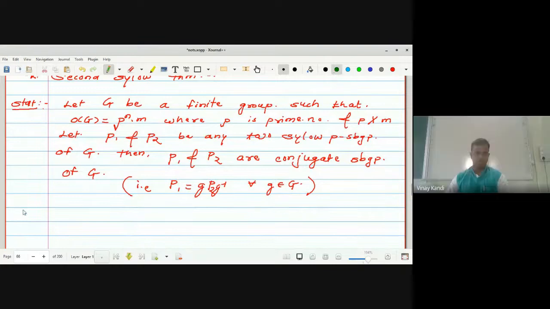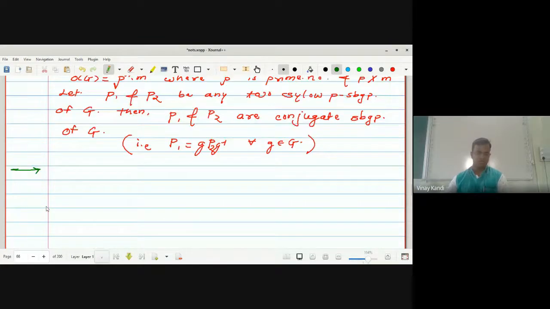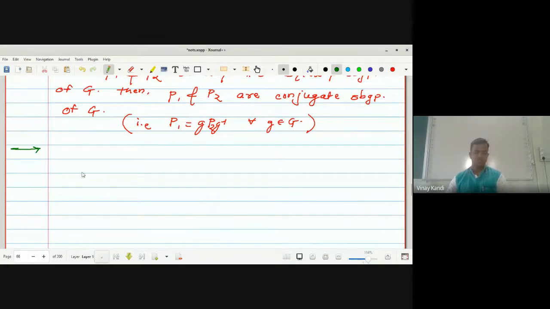Given that G is a finite group such that the order of G is equal to p raised to n into m, and p does not divide m.